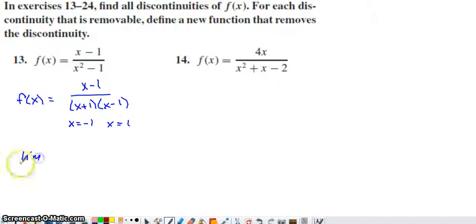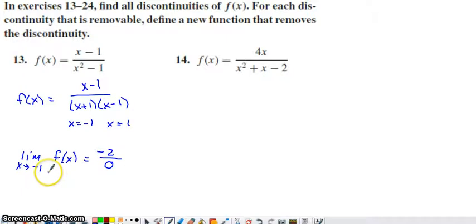Now if you think about the limit existing as you approach, we'll go with -1 first. If you're approaching -1 on this function, if you put -1 here and subtract 1, you're looking at -2 in the top, and then in the bottom you're looking at 0 times -2, so that's going to be 0. This is not an indeterminate form. This is going to give us an answer of either infinity or negative infinity, depending on which side of -1 we sit on.